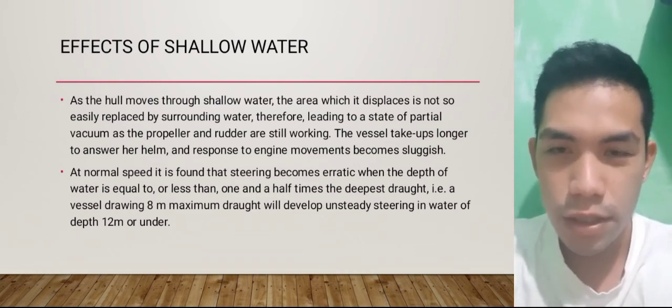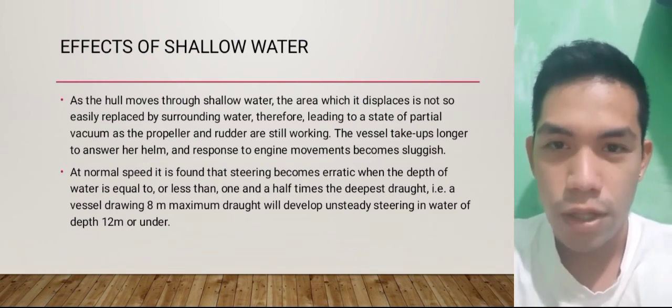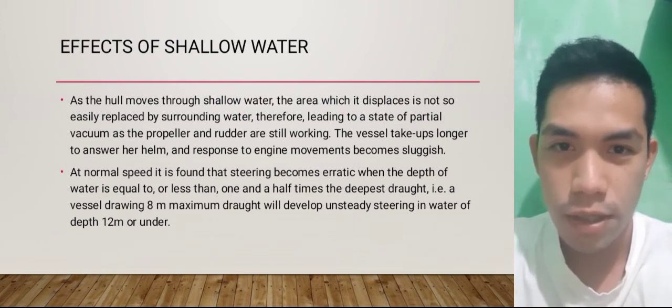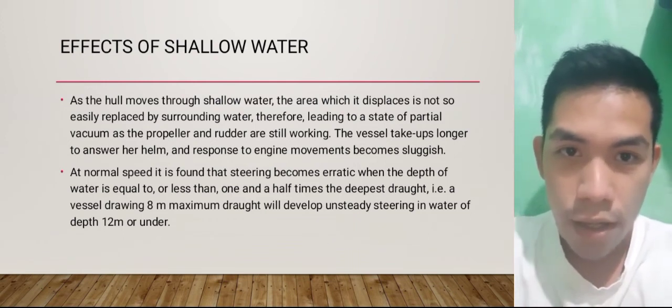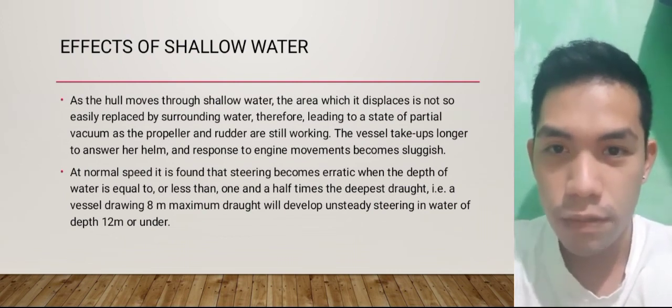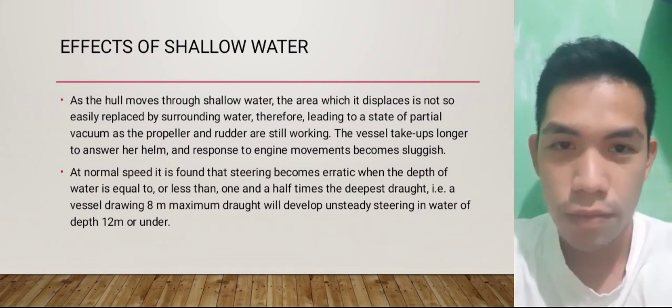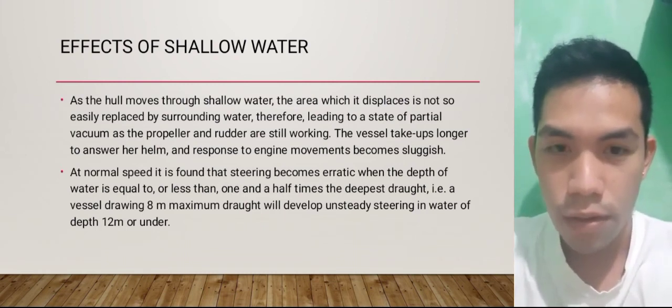At normal speed, it is found that steering becomes erratic when the depth of water is equal to or less than 1.5 times the deepest draught. A vessel drawing 8 m maximum draught will develop unsteady steering in water of 12 m depth or under.